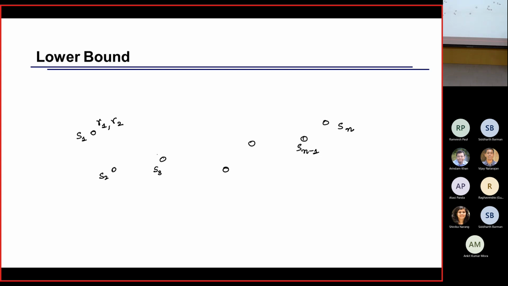Any online algorithm is forced to assign one of the other servers. So S1 is used up. So let's say, for the sake of argument, S2 is assigned. So what the adversary will now do is place R3 exactly at the location of S2. Right? And then to serve R3, the online algorithm has to pick something else. So we can repeat this argument.